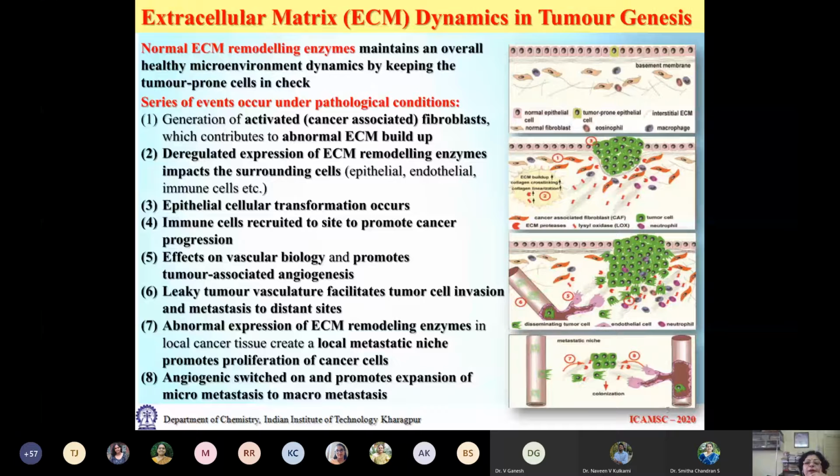So what happens? The vascular biology is getting different. It promotes tumor-associated angiogenesis, which means blood vessels start growing in those tumor cells, and you get leaky vasculature through which the cells can migrate, evade the process and go to different sites, and that is known as metastasis.